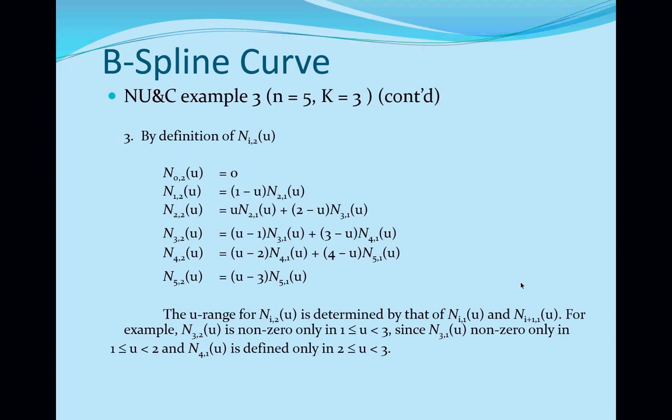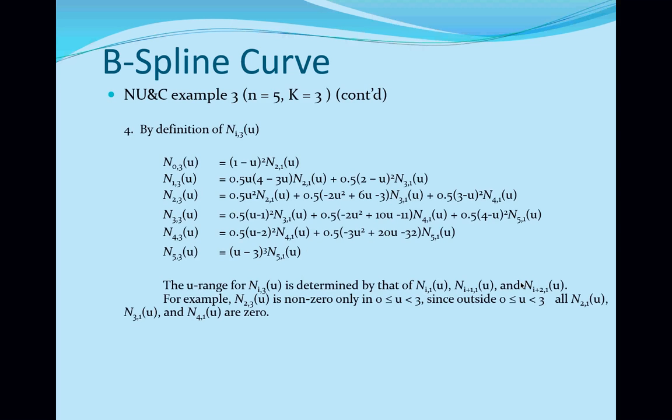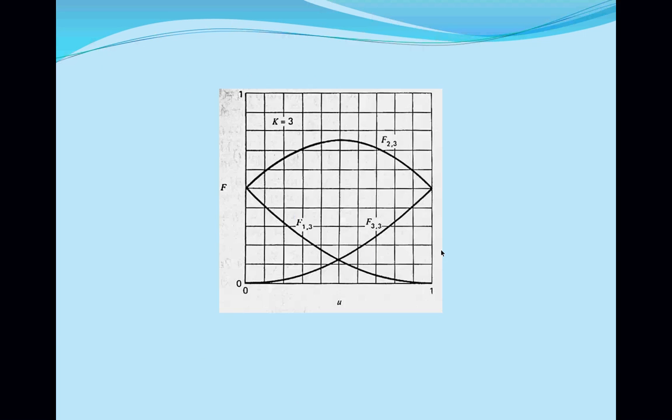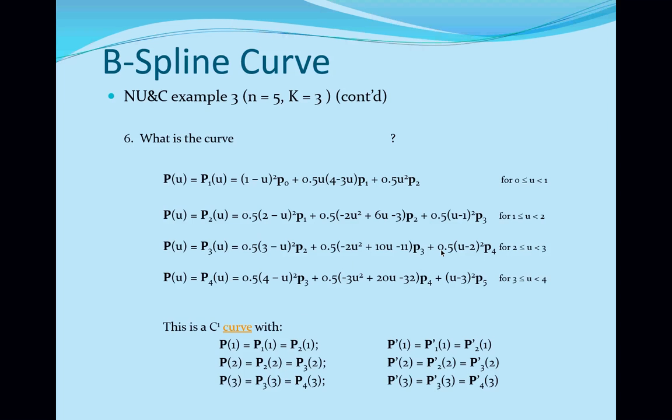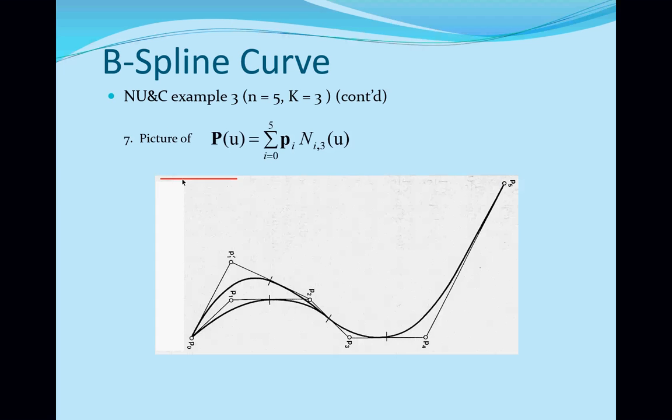I'll have all these shape functions, and then I superimpose them. I'm going to get something like this. And what kind of curve am I going to get? A quadratic curve, because k equal to 3. Now you can observe this is the P1 point previously, and I got this curve.